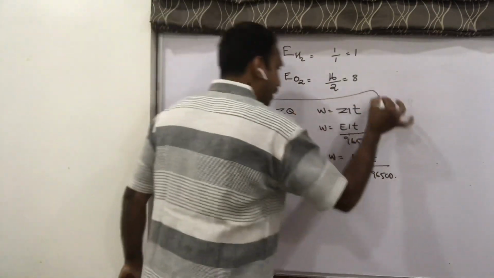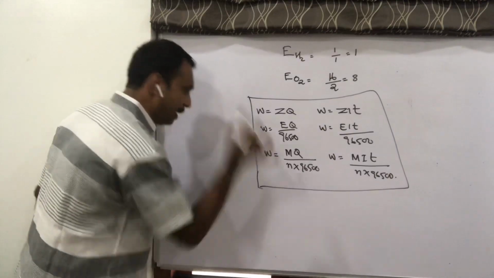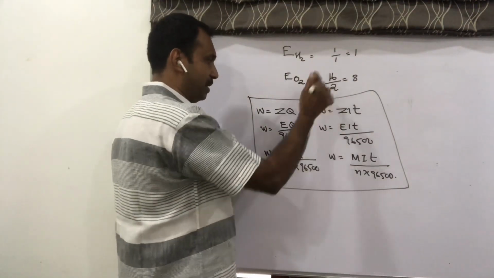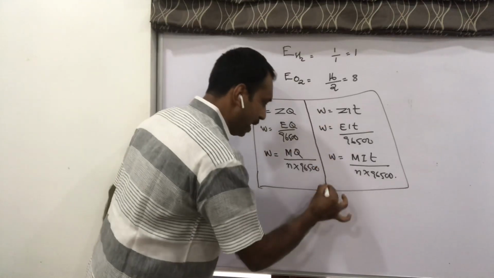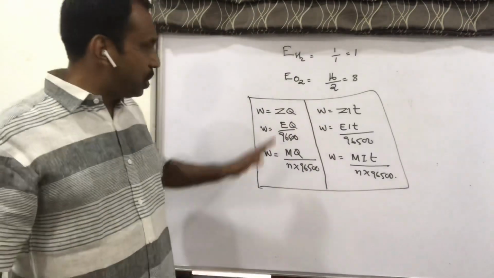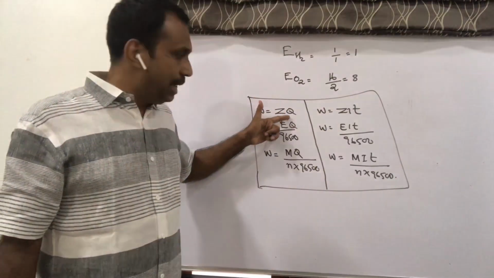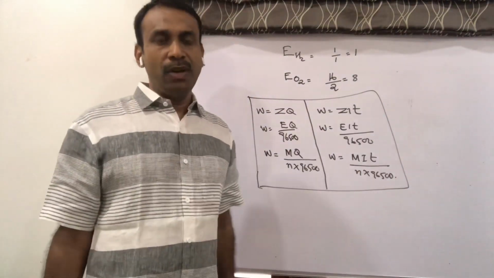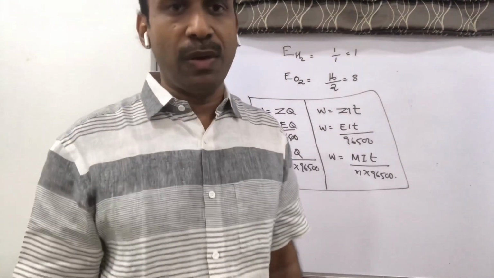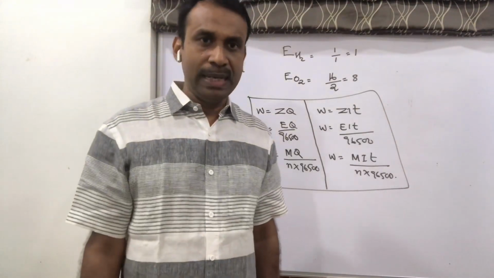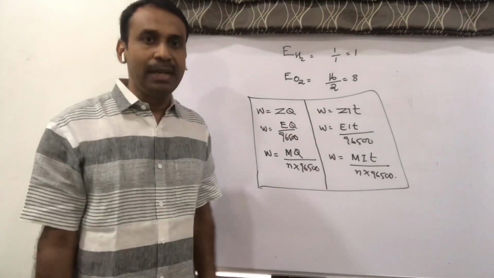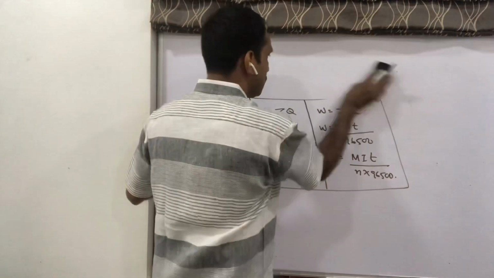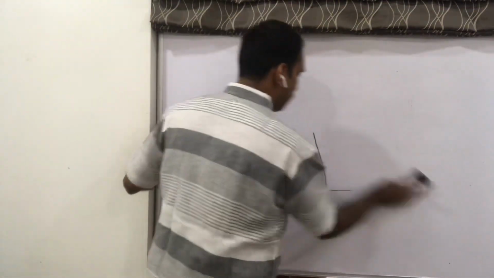All these are different forms of Faraday's first law of electrolysis. You see six expressions for Faraday's first law: three in terms of charge and three in terms of current and time. I hope you are able to understand Faraday's first law, its mathematical expression and the definition of electrochemical equivalent. Now we can solve problems based on Faraday's first law.